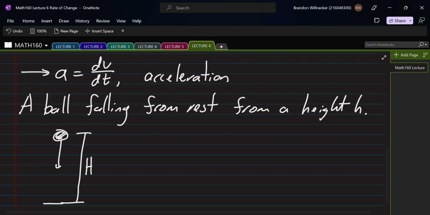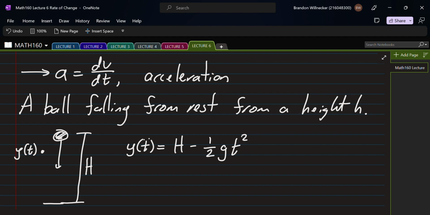Okay, then we can find its position at any given time. So let's say the position over here is y of t for the height, then y of t will be h minus 1/2 g t squared. Okay, we know g, that's the acceleration due to gravity, so that is the position.